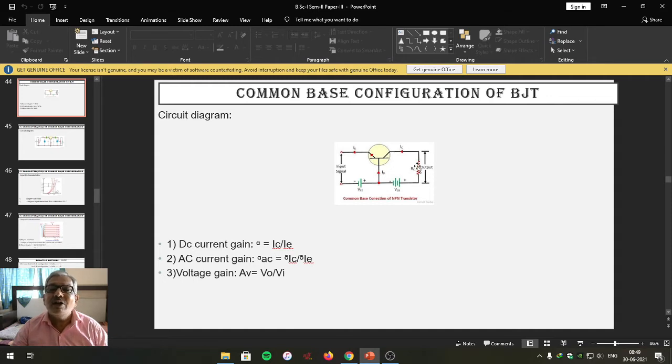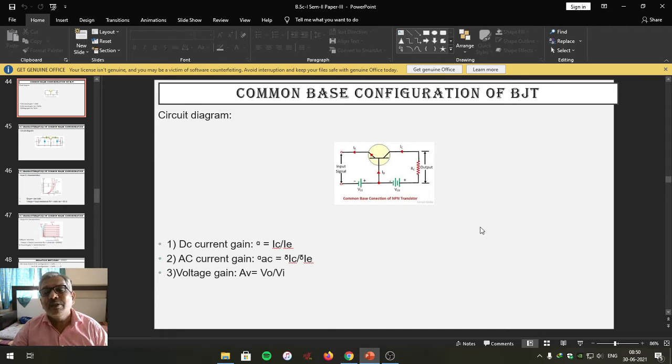Hence, we can say output voltage is more than that of input voltage and the circuitry is going to act as an amplifier. Friends, here RL or RC is going to act as a load resistance across which we are going to get the output voltage. This configuration, we can call it a common base configuration.